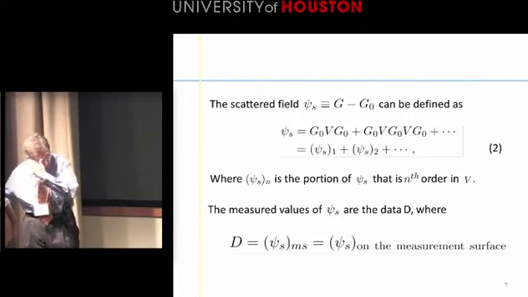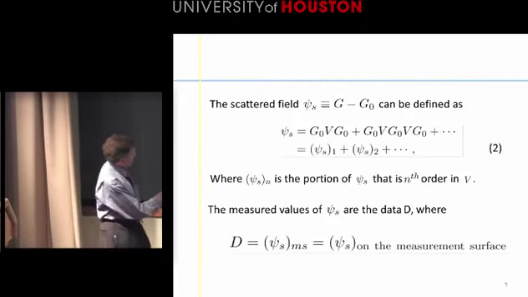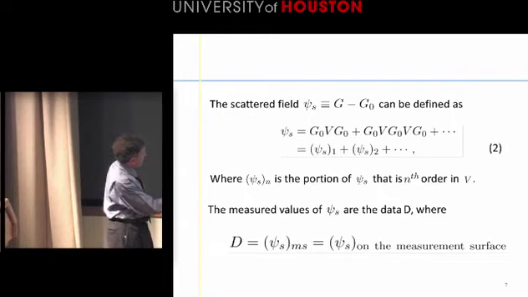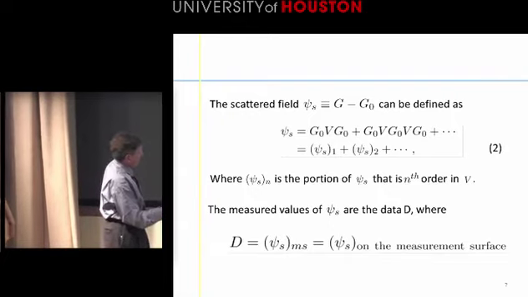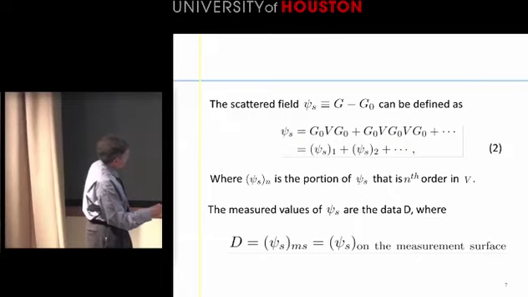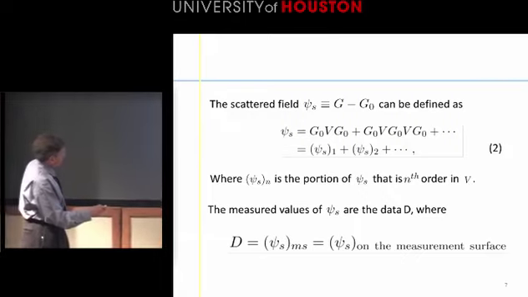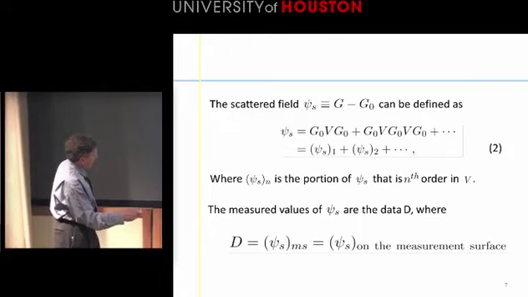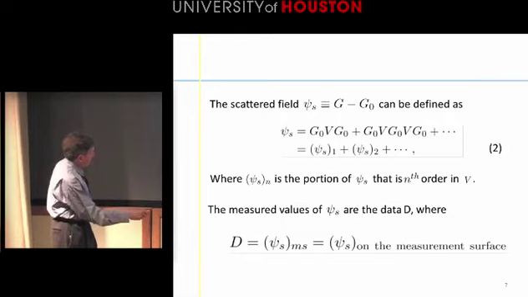So that last equation, G minus G0, we're going to call that the scattered wave for some historic reason. And you can see here that there's a series in powers of V. The first term, we'll call it scattered wave 1, scattered wave 2, meaning it's the portion of the scattered wave which is linear in V, the portion which is quadratic in V, and so on.